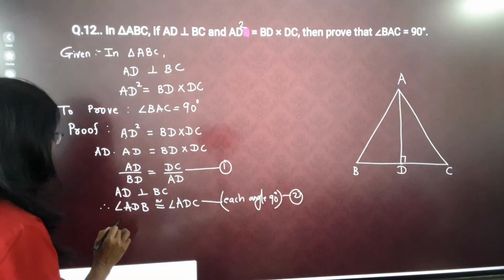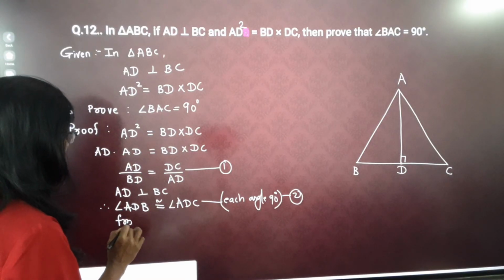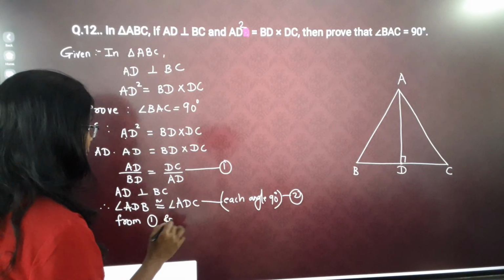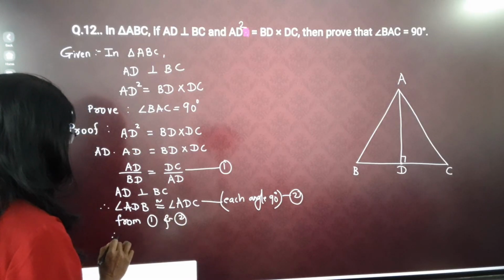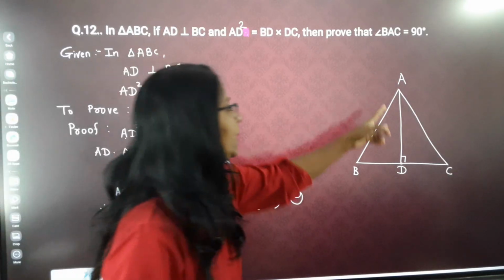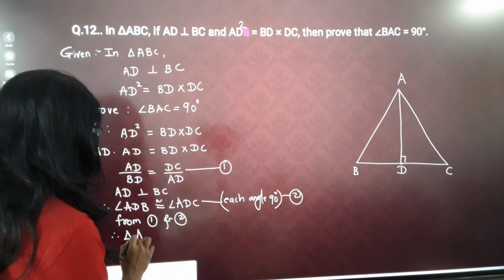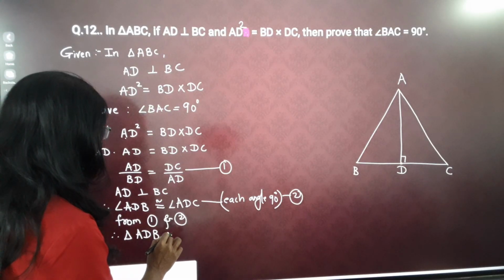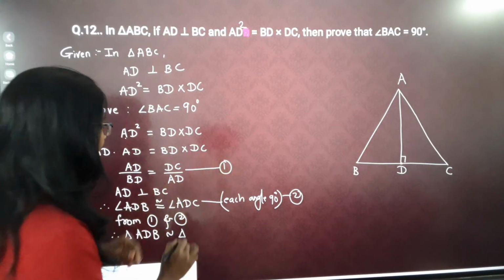Now from 1 and 2, we can say that triangle ADB is similar to triangle ADC.